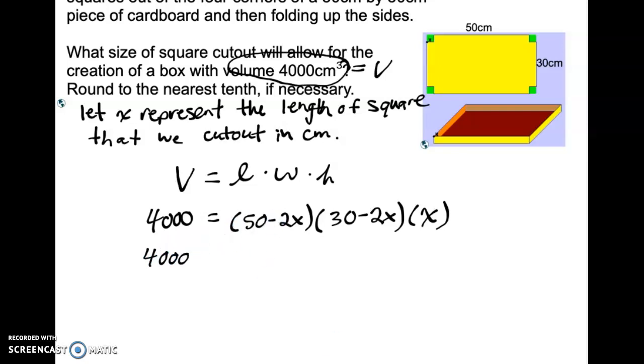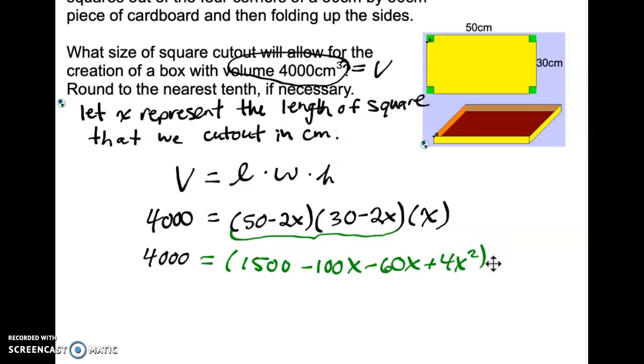So I'm going to expand these 2 brackets first using FOIL, and that will give me 1,500 minus 100x minus 60x plus 4x squared, and then I still have that x being multiplied on the end that I haven't done anything with. Okay, now I can just multiply that x in.